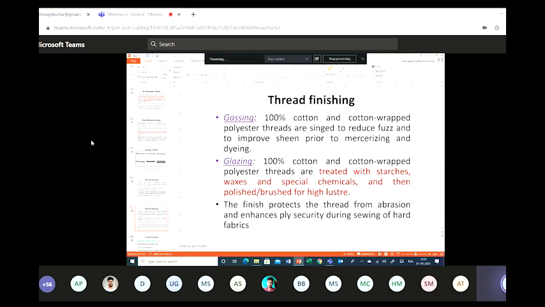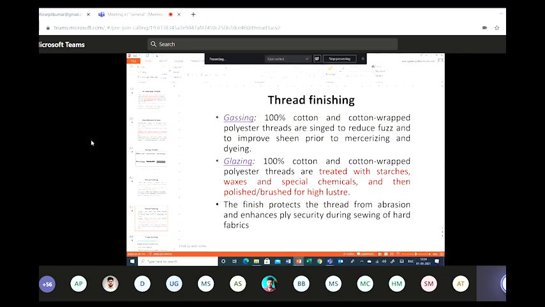And there is another process called gassing. This is used only for 100% cotton thread or cotton wrapped polyester threads. Cotton wrapped polyester means a polyester cotton core spun thread, where the polyester filament is in the core, surrounded by cotton fibers.